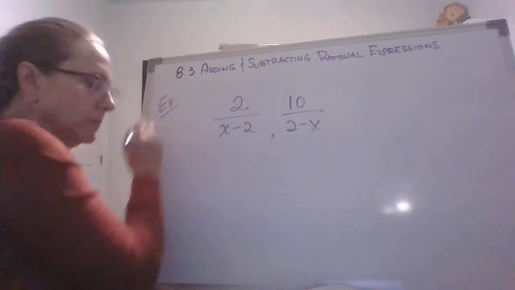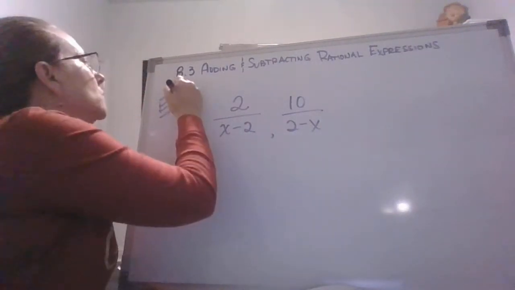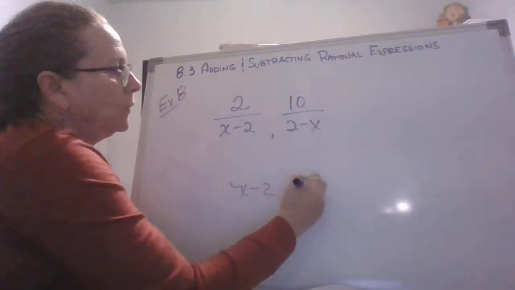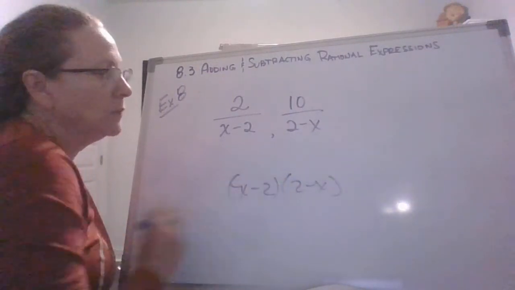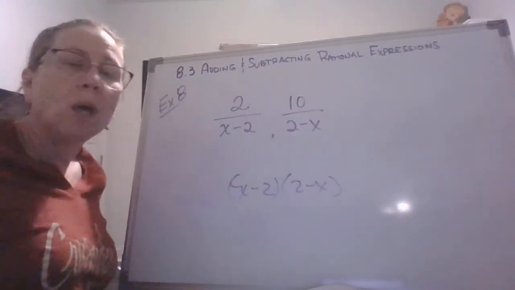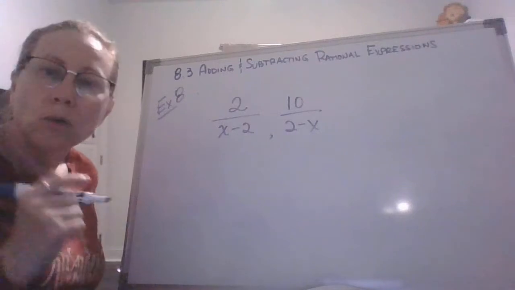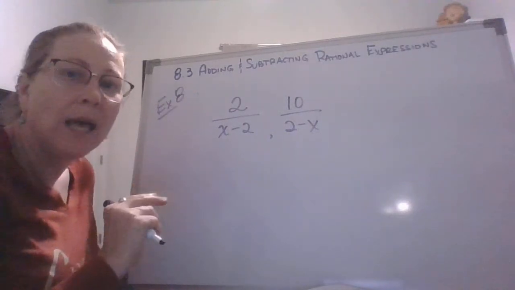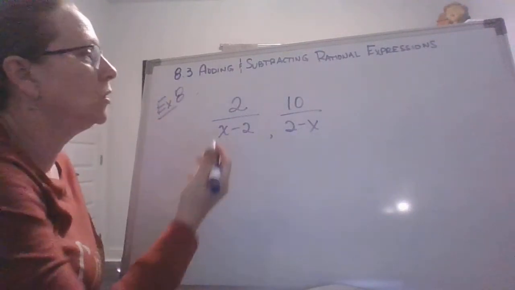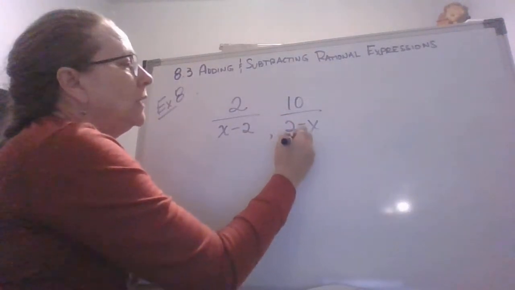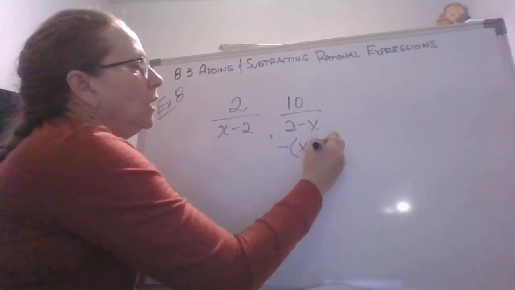Well, some of you might think, well, these are different, so I just have x minus 2 and 2 minus x, and there we go. That's my LCD. But no, what we learned in our previous lessons is that you can take a subtraction problem, a binomial, and turn it around as long as you factor out a negative. So that's what we're going to do. We're going to factor out that negative and turn it around.